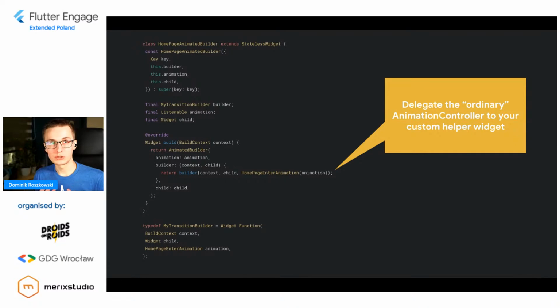Because this allows me to have some kind of a domain-specific builder and provide some values in a bit more readable way than if I would have to keep them in state or somewhere else. So what I do usually is I delegate the work to my specific animation builder. So for instance, I call this homepage animated builder, because this is going to build my homepage and animate this, and after that it's done.